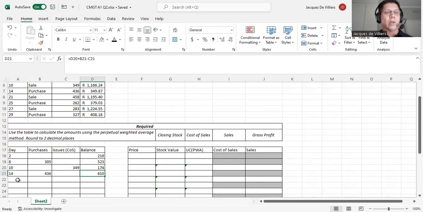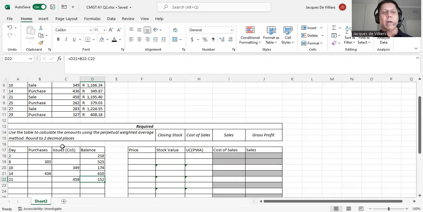Okay, so we go on the 21st. Once again, there is a sale. When there is a sale, we must issue the number of units sold to the sales department for distribution. In this case, it is 458 units, leaving us with only, as you can see there, 152 units.